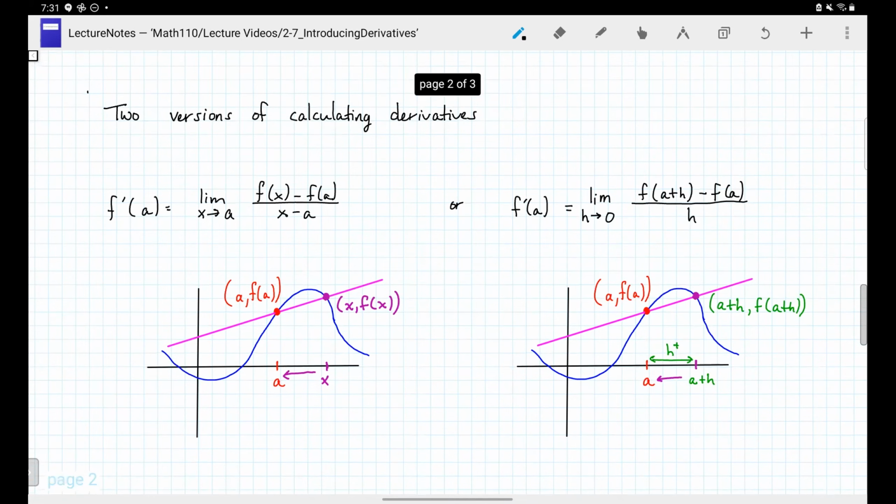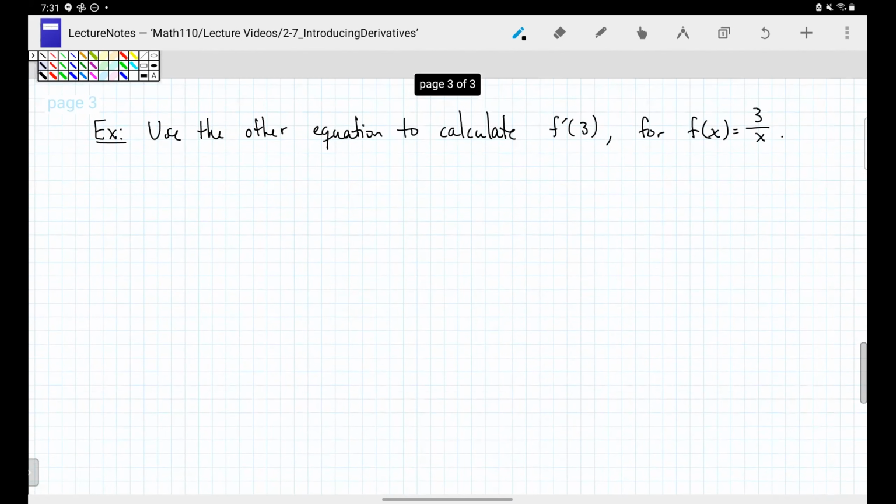So let's take a look at that same problem where I'm calculating f prime of 3, where f of x equals 3 divided by x. And let's use that other equation. So this is f prime of 3. By that other equation, I'm going to calculate f of 3 plus h minus f of 3 divided by h.